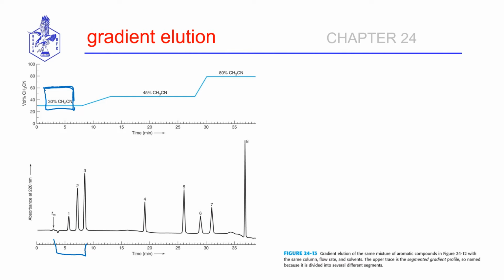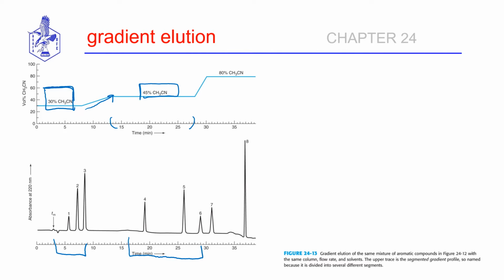To encourage the rest of my components to come off in a faster timeline, I'm going to increase the composition of my mobile phase up to 45% acetonitrile between these minutes, from 13 to 28-ish minutes. By increasing the composition of the acetonitrile, I'm successfully getting off components 4 through 6 with good resolution.